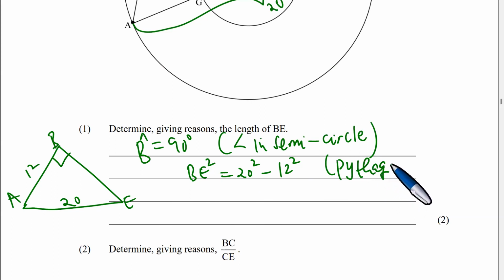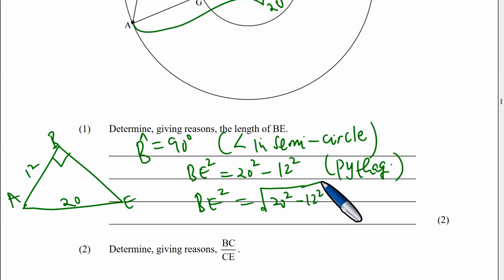It is a theorem called Pythagoras' theorem. So BE squared is 20 squared minus 12 squared, and BE is the square root of that, which is exactly 16 units. Right, next question.